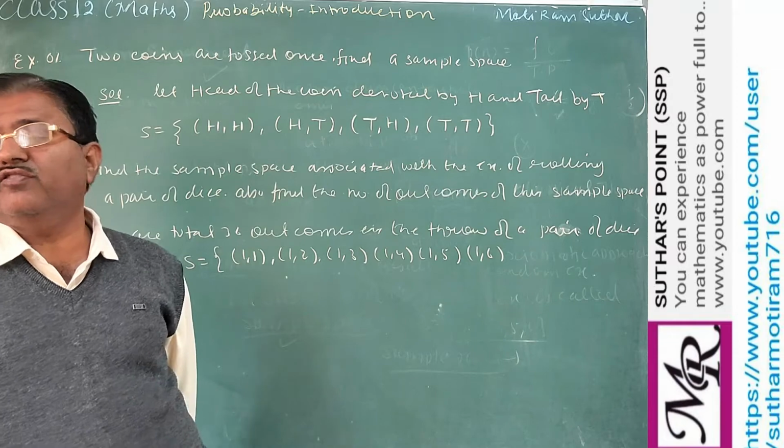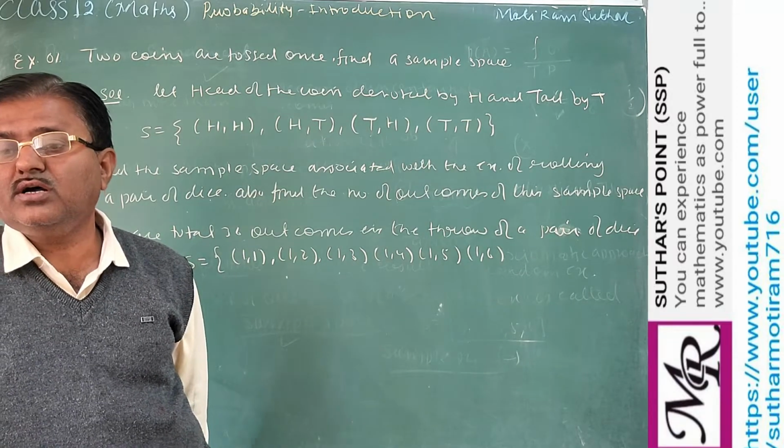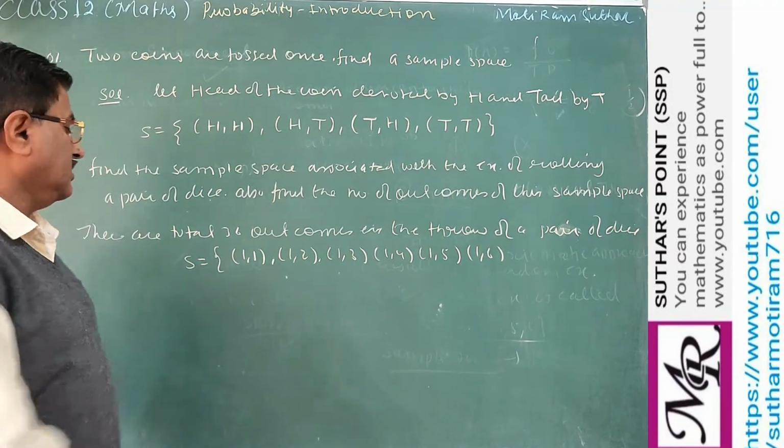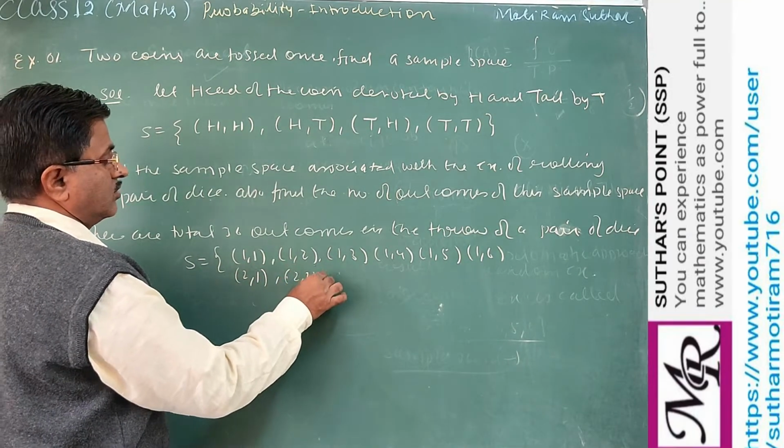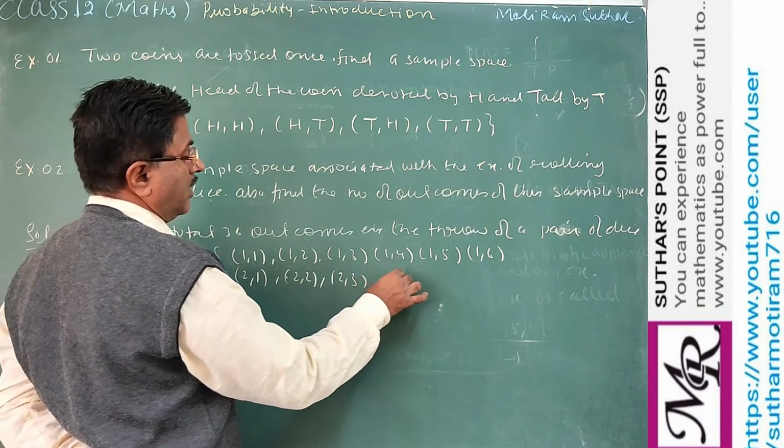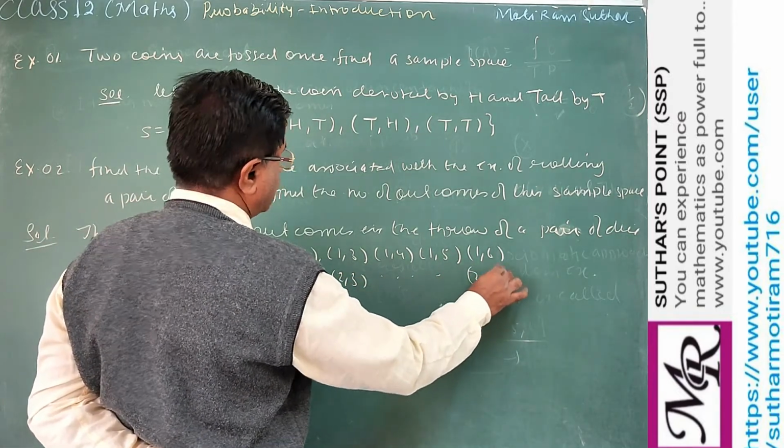Now similarly the first dice shows 2, that is 2 1, 2 2, 2 3, and in this way up to 2 6.